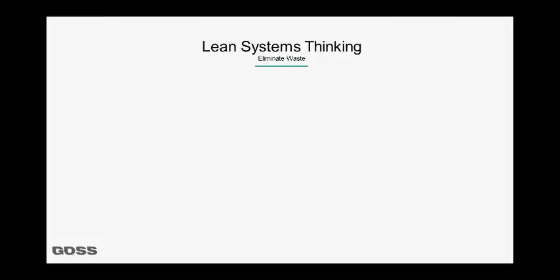Lean systems thinking. This approach is effectively based on lean systems thinking, and it's got some fundamental principles which says design around customer value. So it's understand the process from the customer perspective. I always talk about this as it's a very challenging environment we all work in.